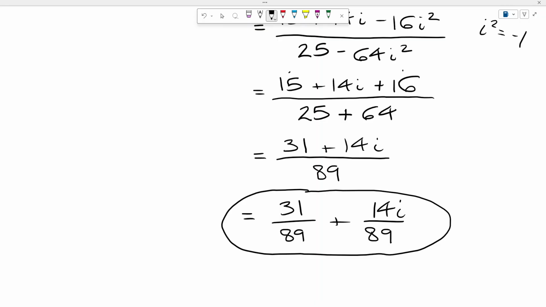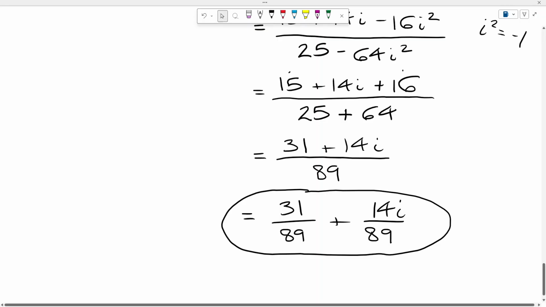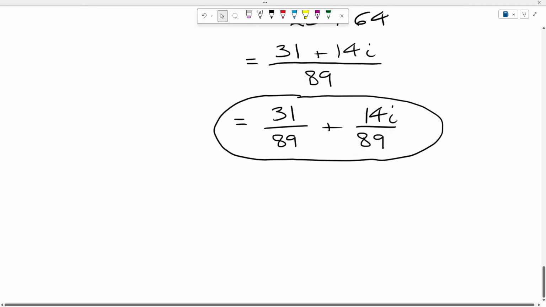So now let's go back to the beginning of this lesson. We had said, when we were discussing the issue with square roots and negatives, that when we have x squared equal to negative 9, and then we take the square root of both sides, we'd have x equal to plus or minus the square root of negative 9.